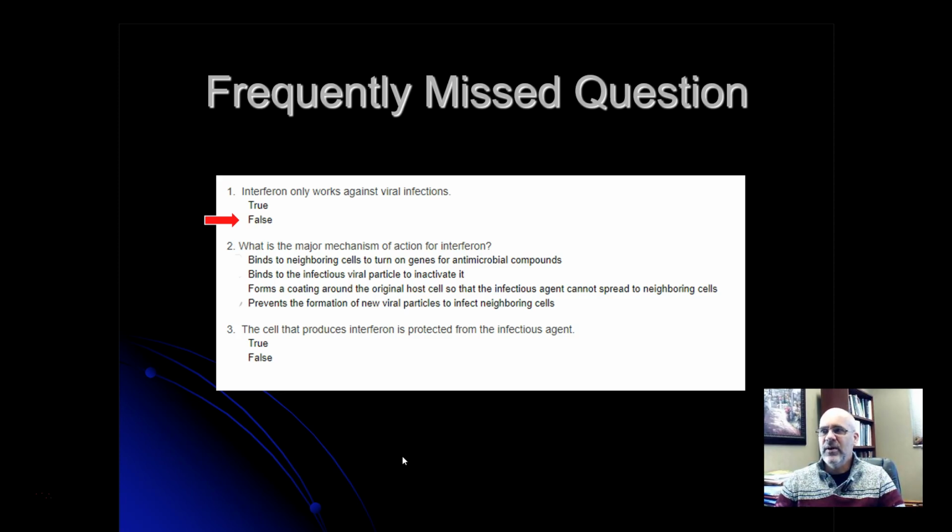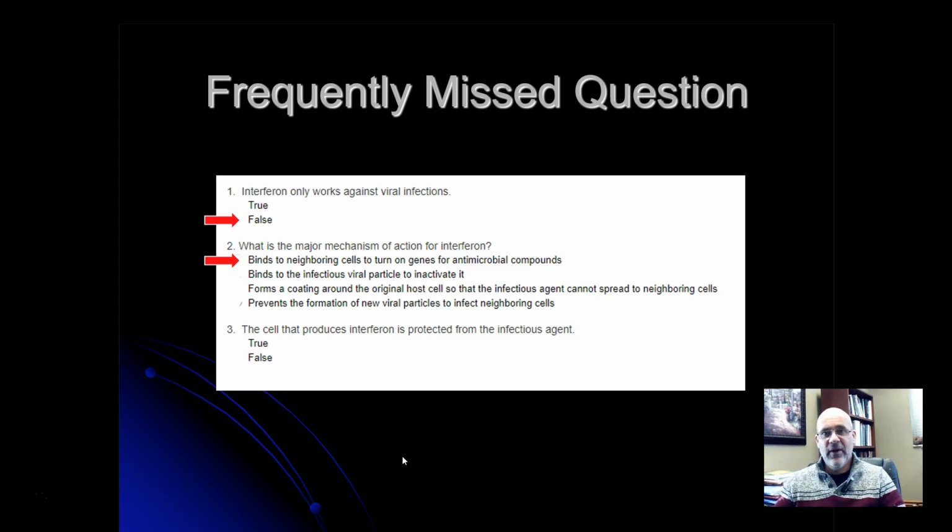What is the major mechanism of action for interferon? If you go back and look at the interferon story, interferons are released by cells in your body that have a virus inside them.